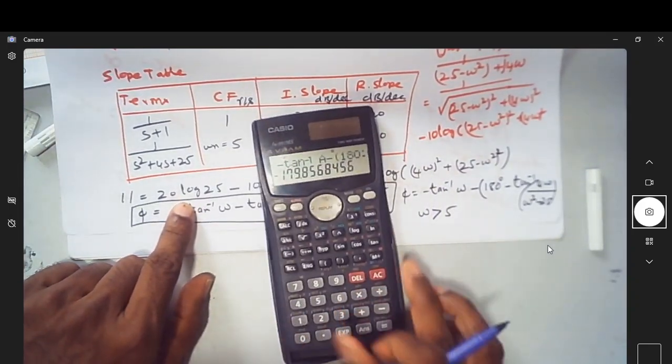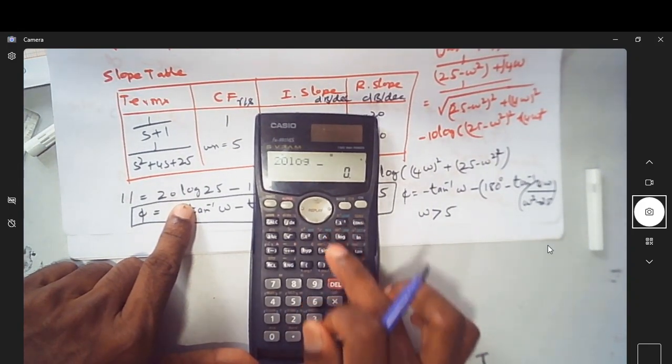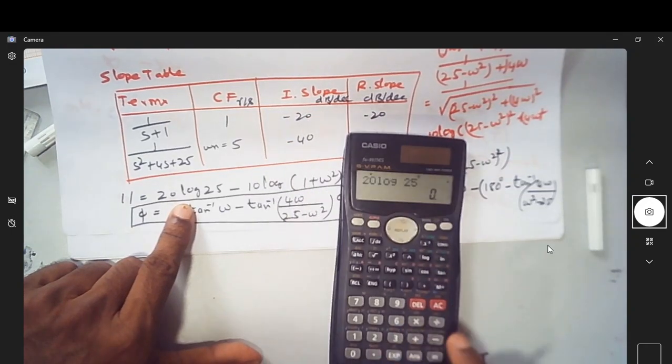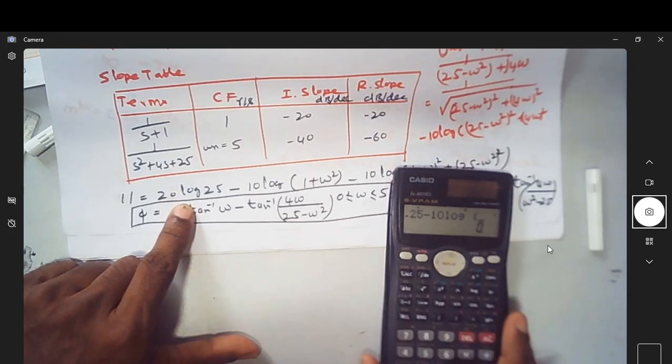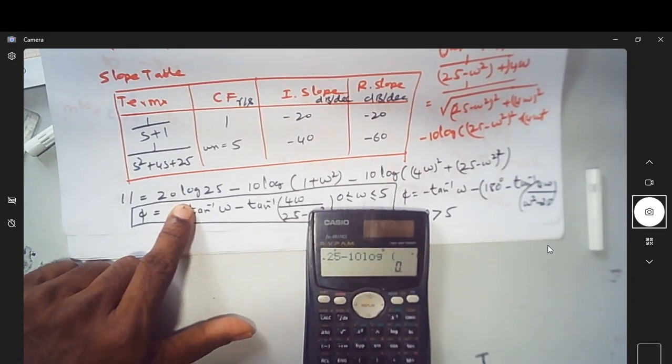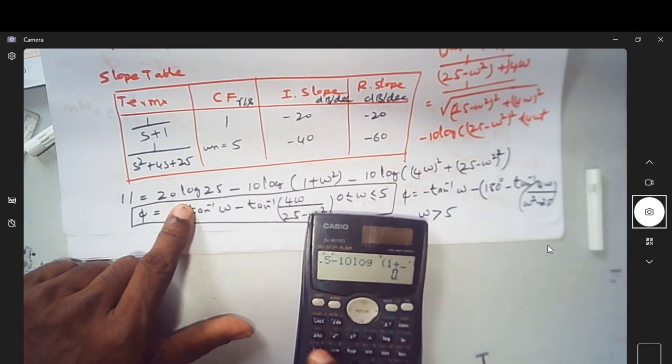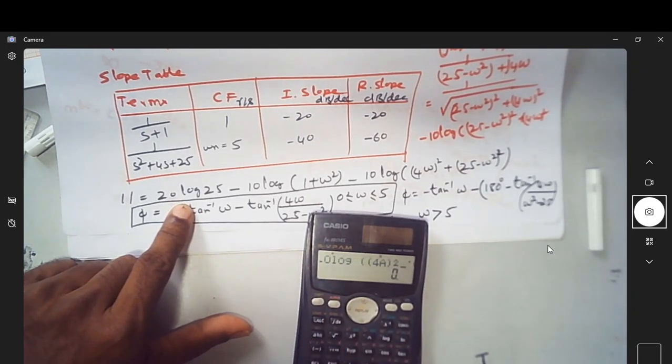So I have this equation, which is 20 log 25 minus 10 log of 1 plus alpha a square, minus 10 log of 4 alpha a square plus 25 minus alpha a square whole square, close the bracket.